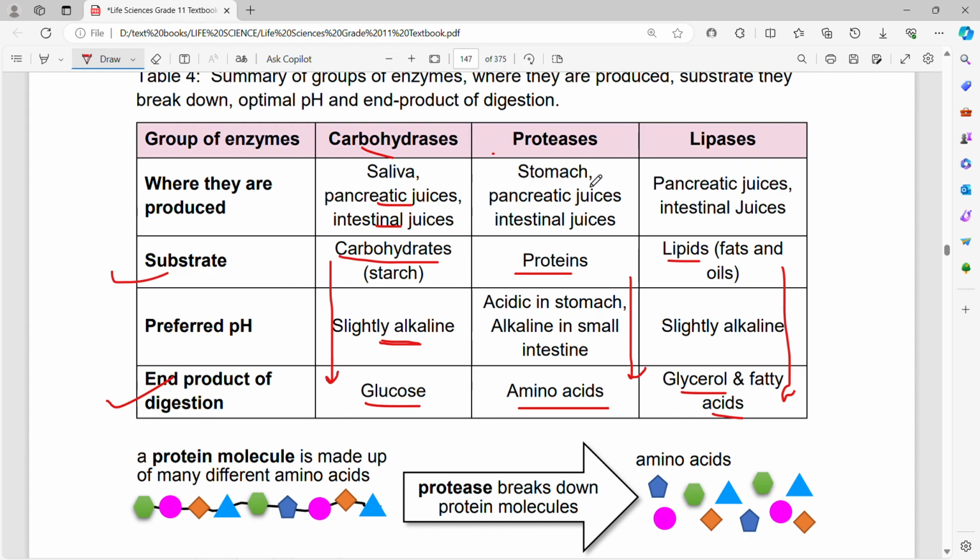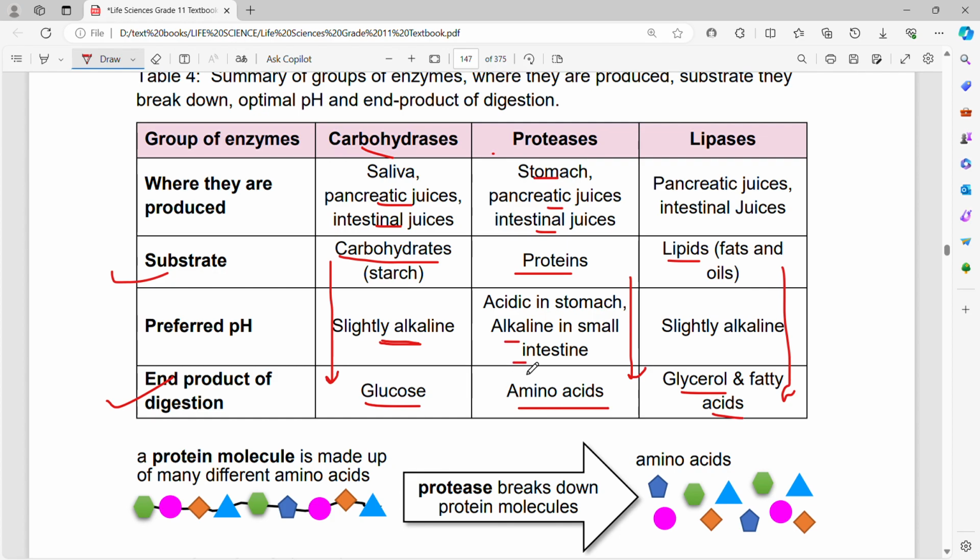Then proteases are in the stomach, pancreatic juice and intestinal juice. In the stomach, the preferred pH of the enzyme is acidic, and in the small intestine, where your intestinal and pancreatic juices are, it will be alkaline.